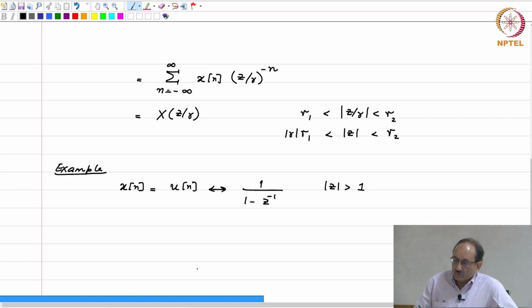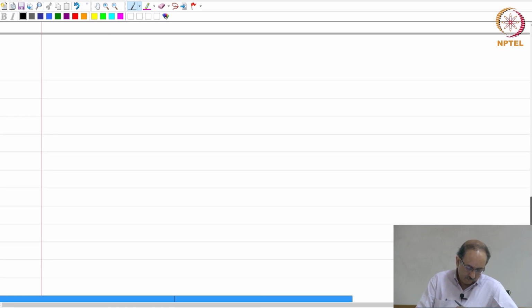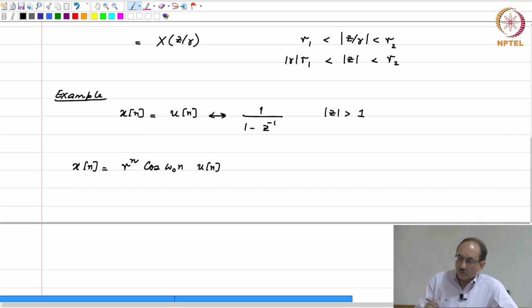So, starting from this we will get the Z transform of x of n equal to r to the n cos omega naught n u of n. You can derive the transform of this from first principles, but we will use this property to derive the transform starting from the known Z transform of u of n.